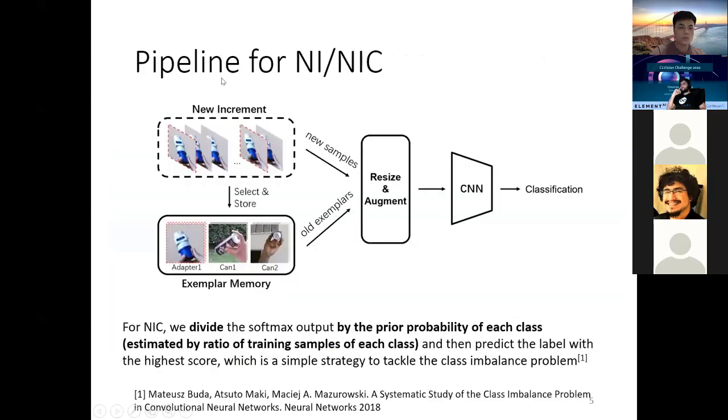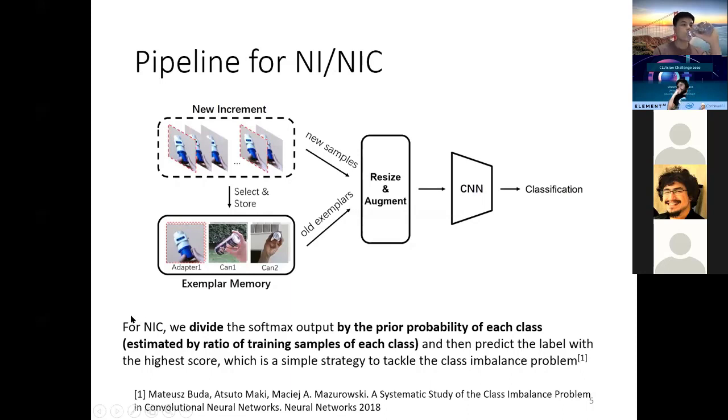And here is a pipeline for NI and NIC. When the new increment arrives, we select and store only a few samples into the exemplar memory. Then we combine the new samples and old exemplars to create a new training set. And finally, it is just like conventional CNN training.